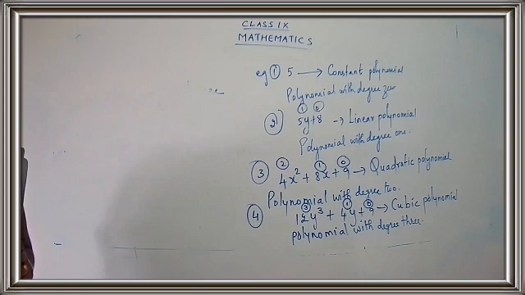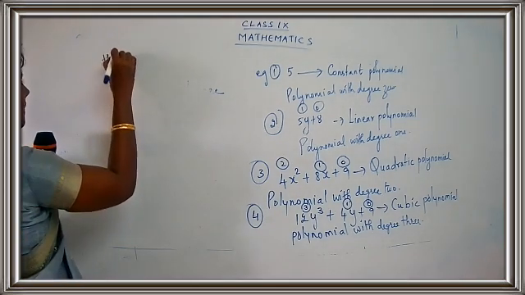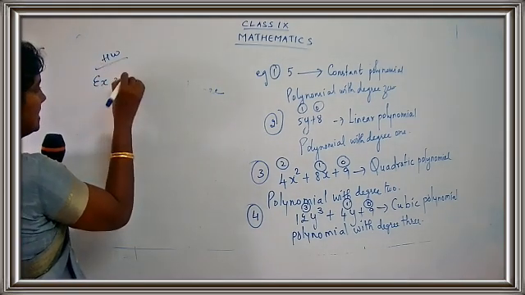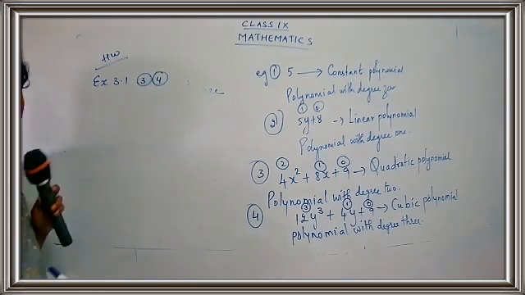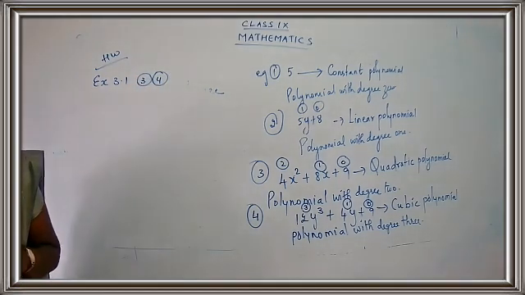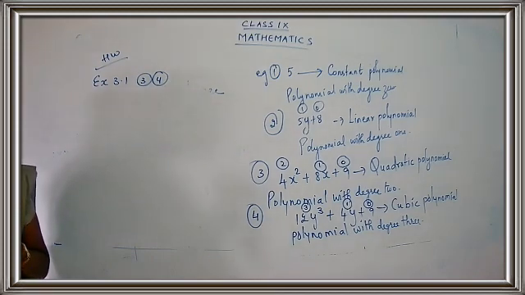The homework is to complete exercise 3.1 question number 3 and question number 4. In the previous classes, I told you to complete sum number 2 from exercise 3.1, which was based on the coefficients. Yes, student? So you would have been able to do it. So now for today, you have to complete the third sum and the fourth sum from exercise 3.1.